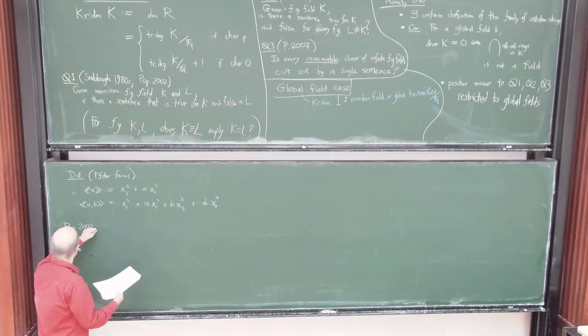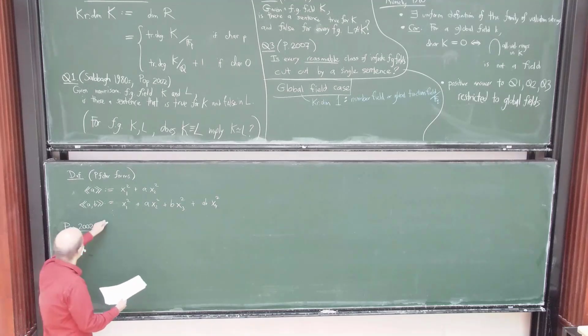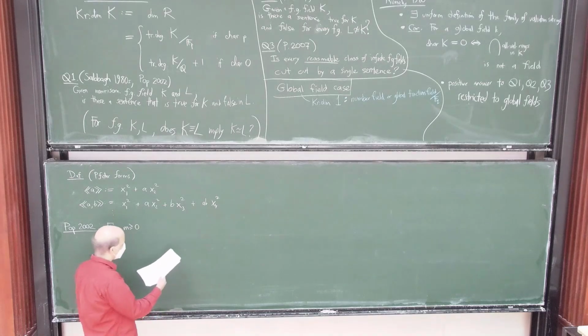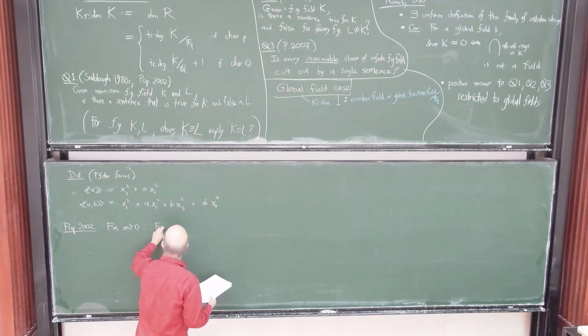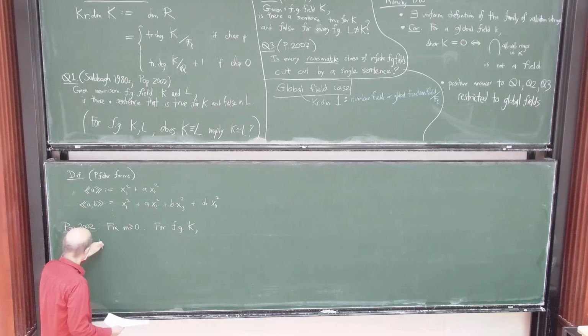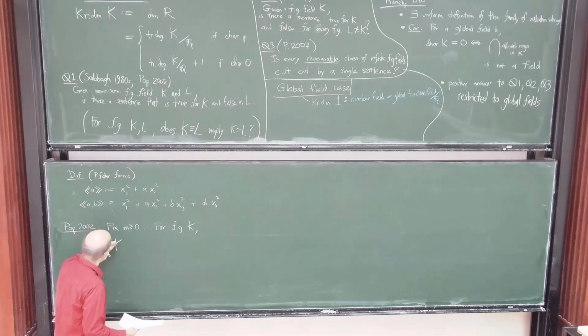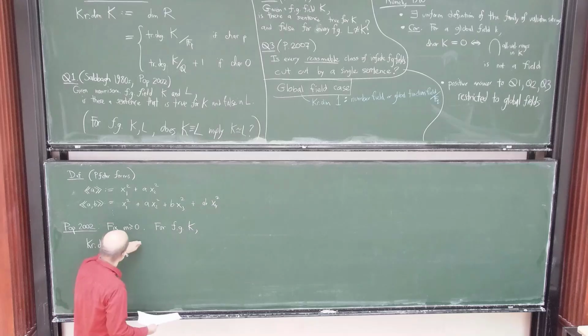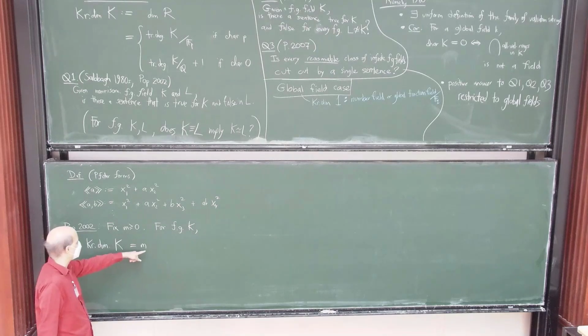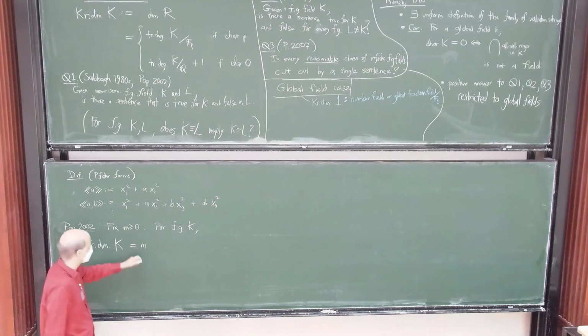And Florian Pop used what was known about these Pfister forms to prove that you could detect the Kronecker dimension in a first order way. You fix a non-negative integer m, and I want to say how you detect whether the Kronecker dimension equals m.